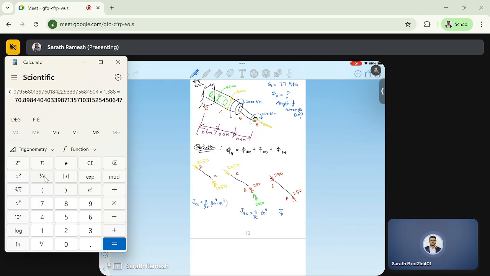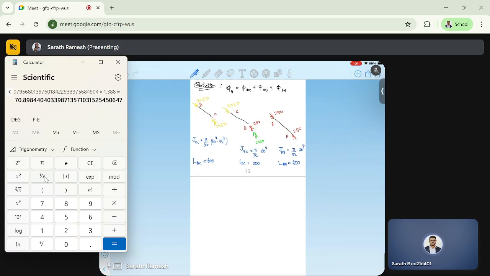J of AB will be pi by 32 into 30 power 4. Right, and length of DC will be 600 mm. Length of BC will be 200 mm, and length of AB will be 400 mm.